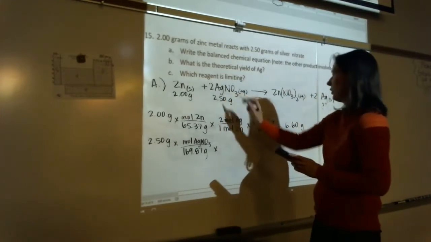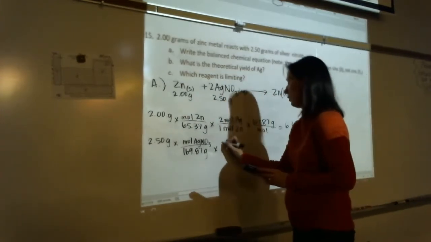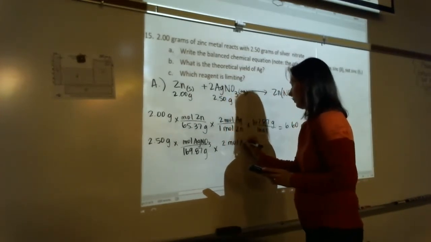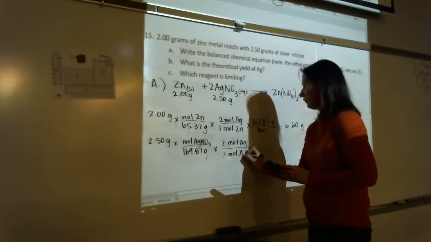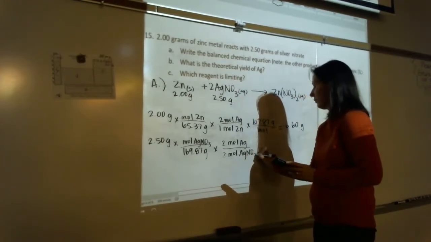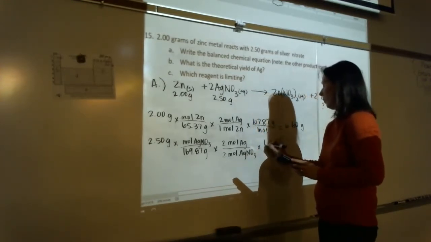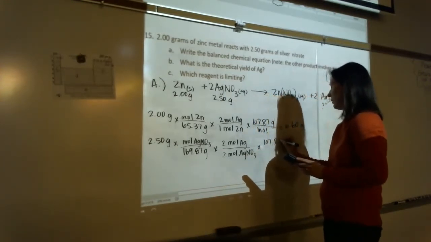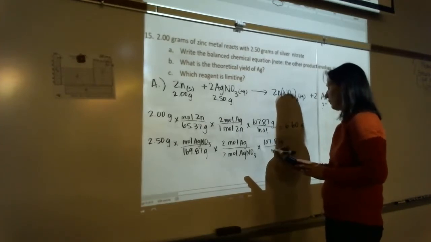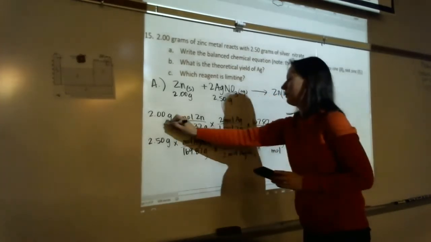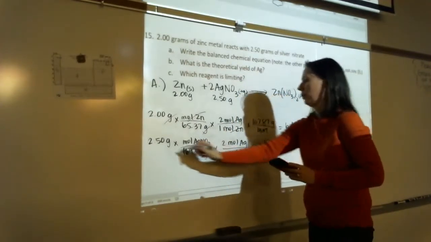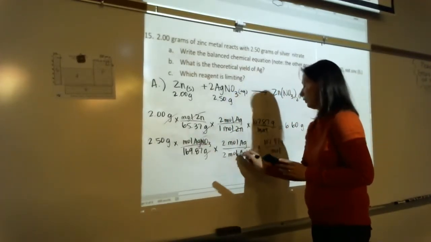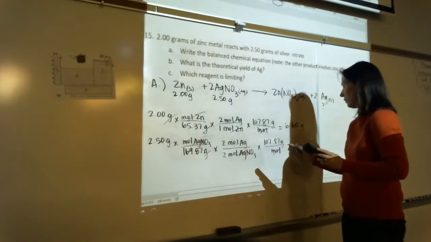So now the mole ratio here's 2 to 2, which is the same as 1 to 1. And then 107.87 grams per mole. Forgot to do this last time. Grams cancels, moles cancels, moles cancels.